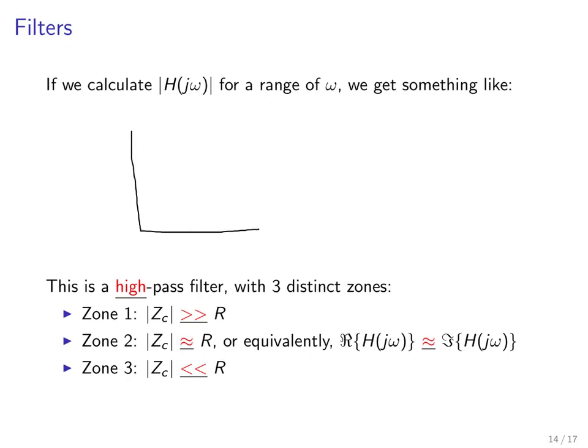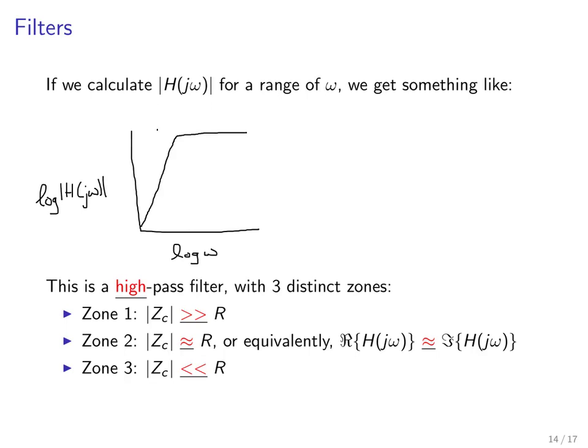So I'm taking the logarithm of omega, and I'm taking the logarithm of the magnitude of H of j omega. If we plot these against each other, we get three zones. We have a rise up, then a corner, and then it goes flat.